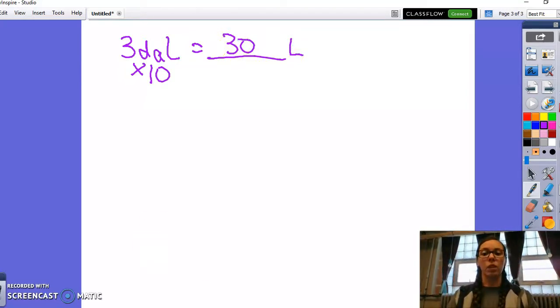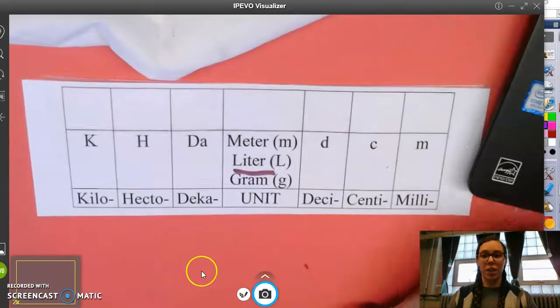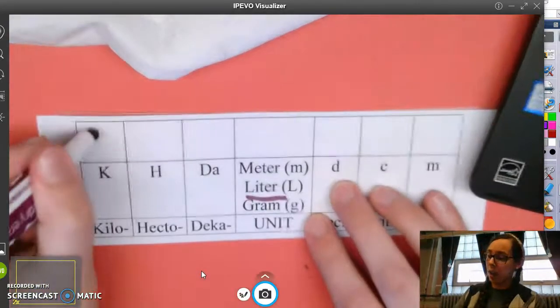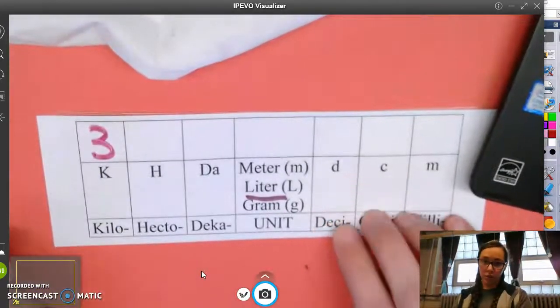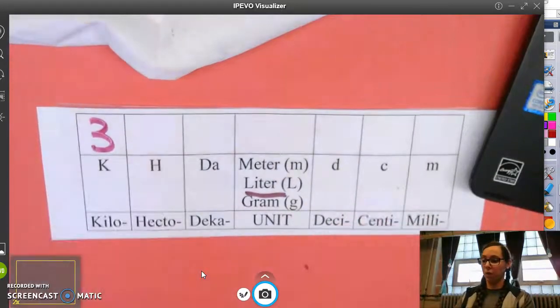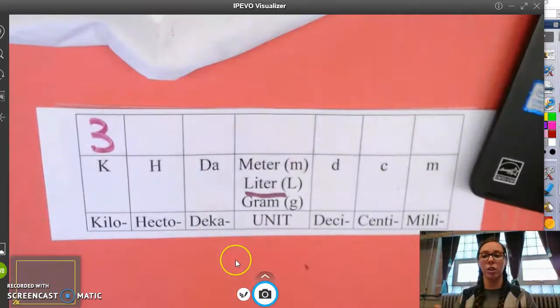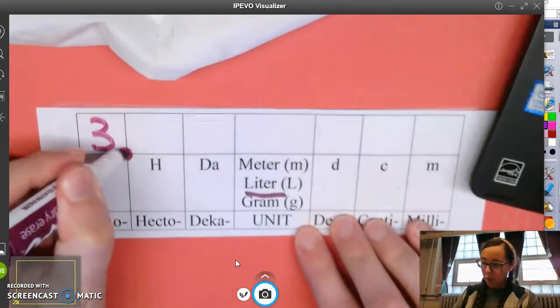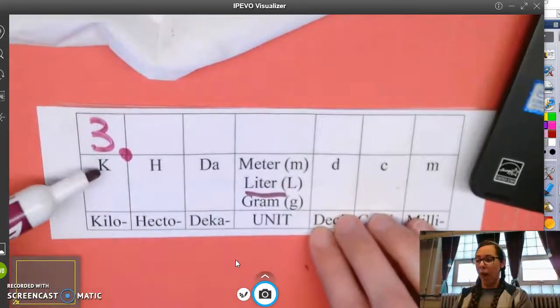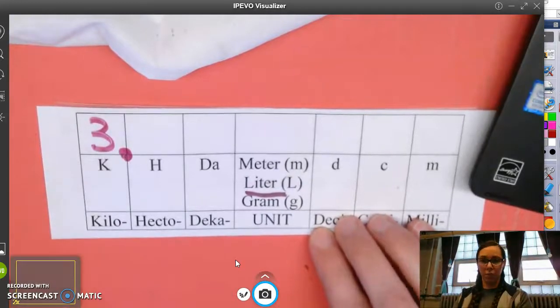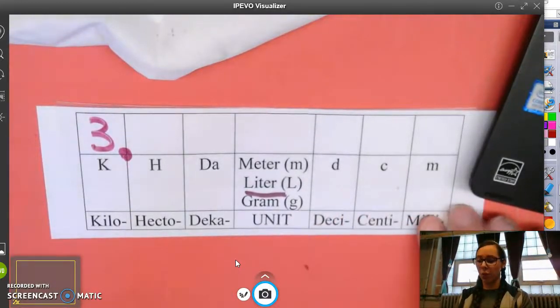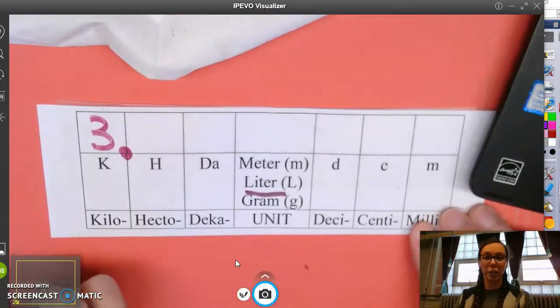Okay, let's look at a second example of this. Let's say I had 3 kiloliters. Same thing, put your decimal point at the back of the unit you're using. And let's say I still want to go back to just plain liters.